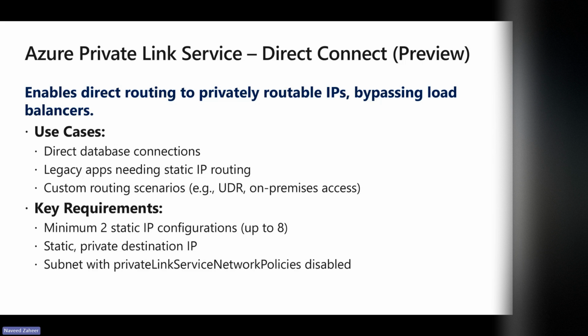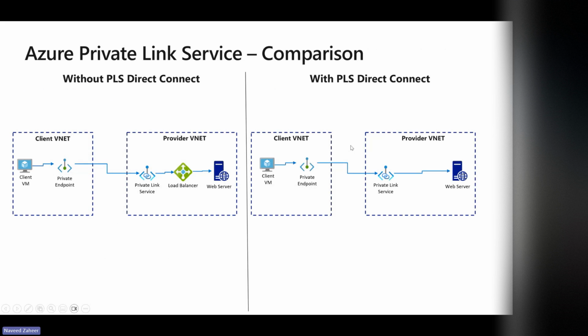You can create a private link service on top of it. No need to have a load balancer. That's why this is a really, really exciting feature, in my opinion, and I think a lot of customers are going to take advantage of it.